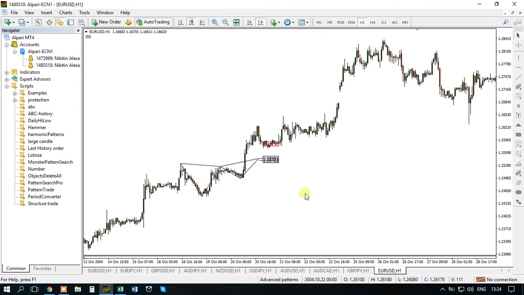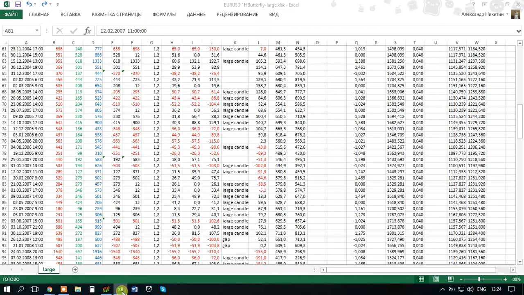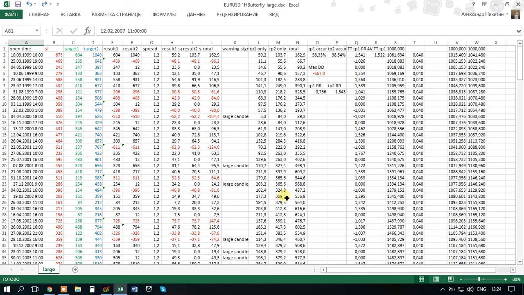I also needed to calculate the pips, write down the time, and so on. So it was almost 2 weeks, and one more week to type it all into an Excel spreadsheet. It took me about 2 or 3 days to do that Excel spreadsheet, I don't remember, because it was a pretty long time ago.